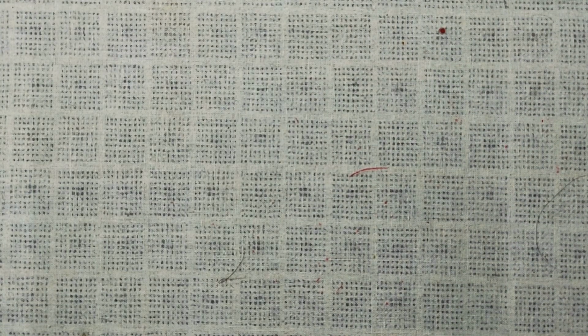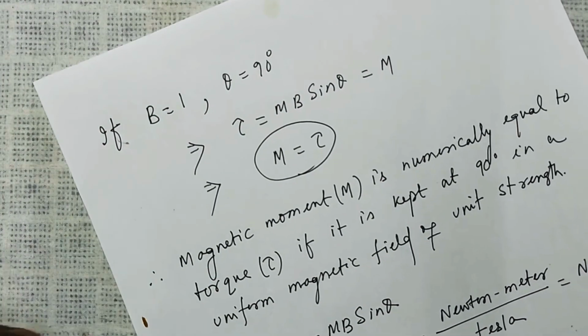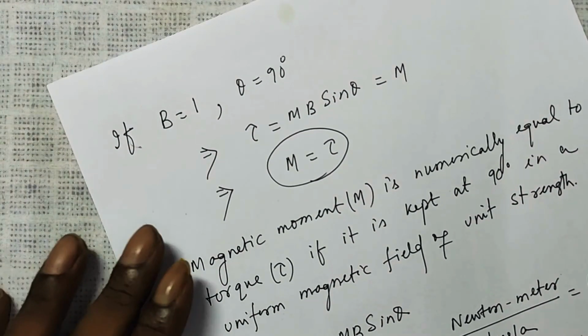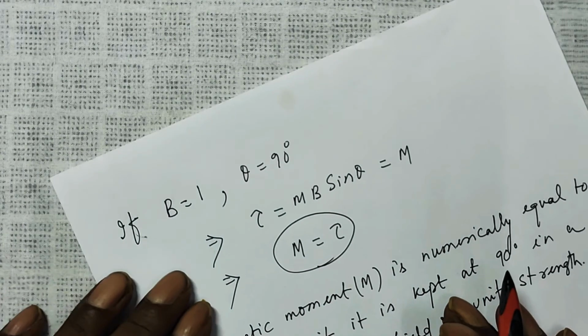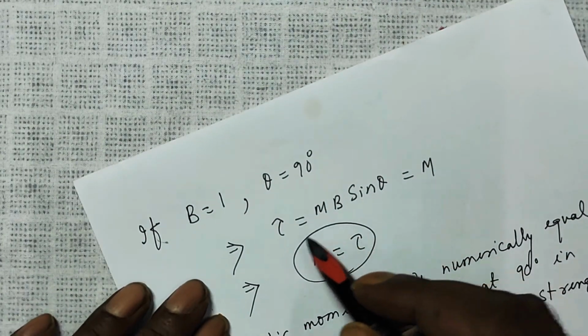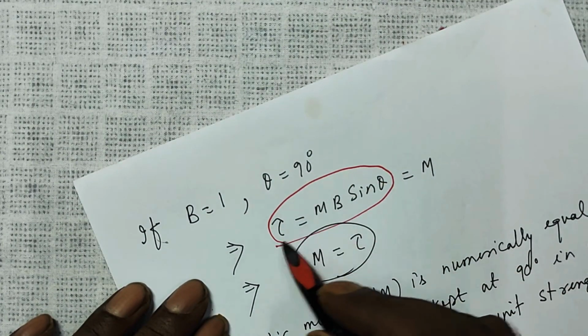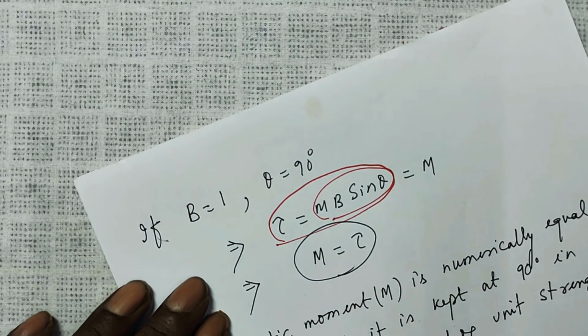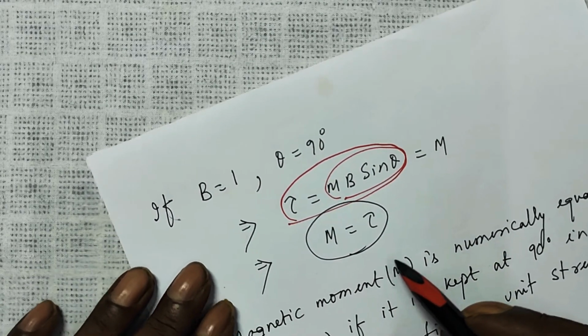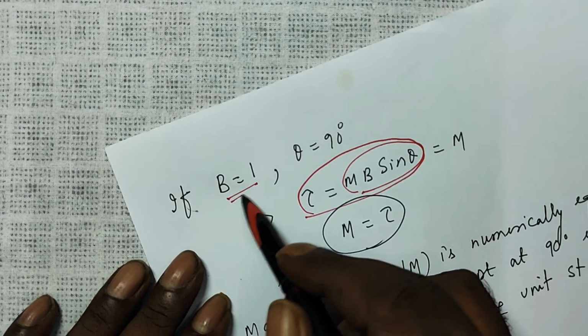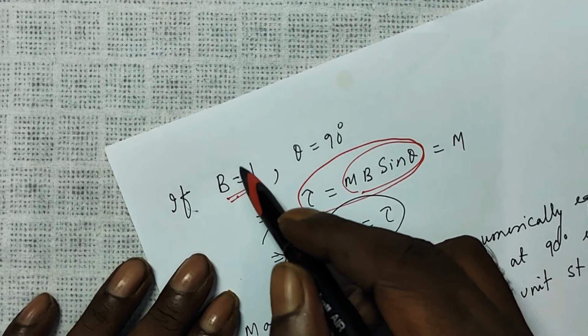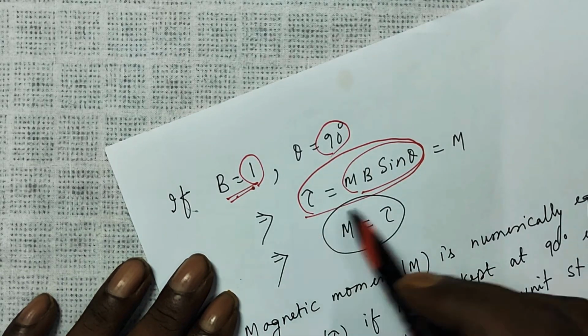Now let us define the magnetic moment. We just derived that the magnitude of the torque is MB sine theta, right? Now let B be equal to unity. The external magnetic field is of unit strength and theta is equal to 90 degrees.